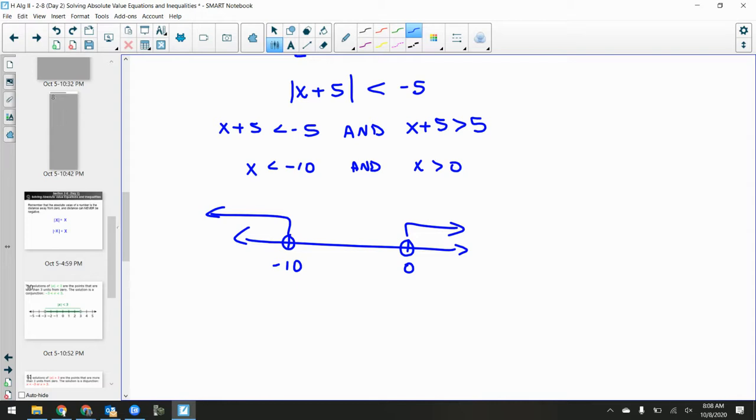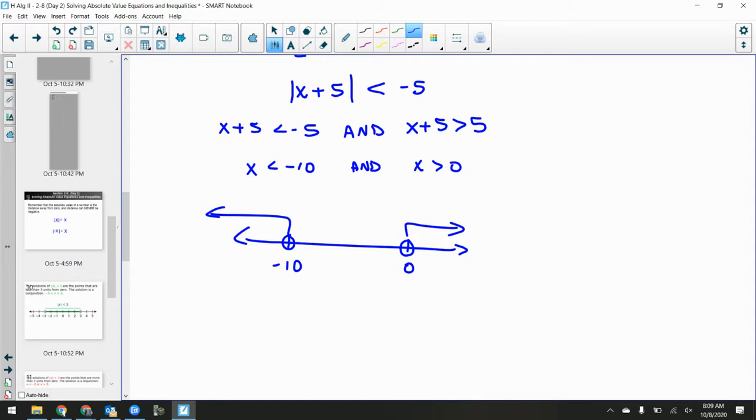Can any number be less than -10 and still greater than 0 at the same time? No, you can't. I could give you an example of less than -10 or greater than 0, because then it only has to meet one of the two criteria. But if it has to meet both criteria, nothing's going to do that.